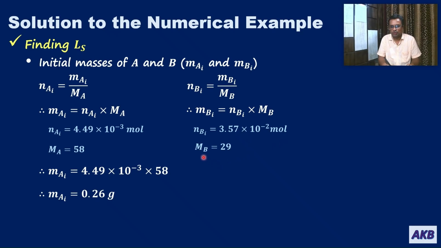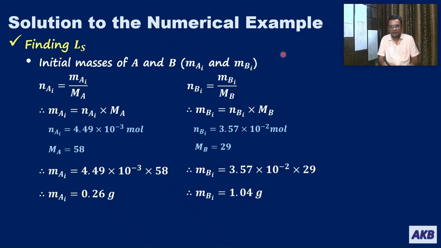Then the molecular weight of air, we are taking it as 29. So capital MB is 29. Therefore MBI will be equal to 3.57 into 10 to the power minus 2 into 29. That gives me MBI as 1.04 gram. So in this way, now we have got the initial masses of A and B.